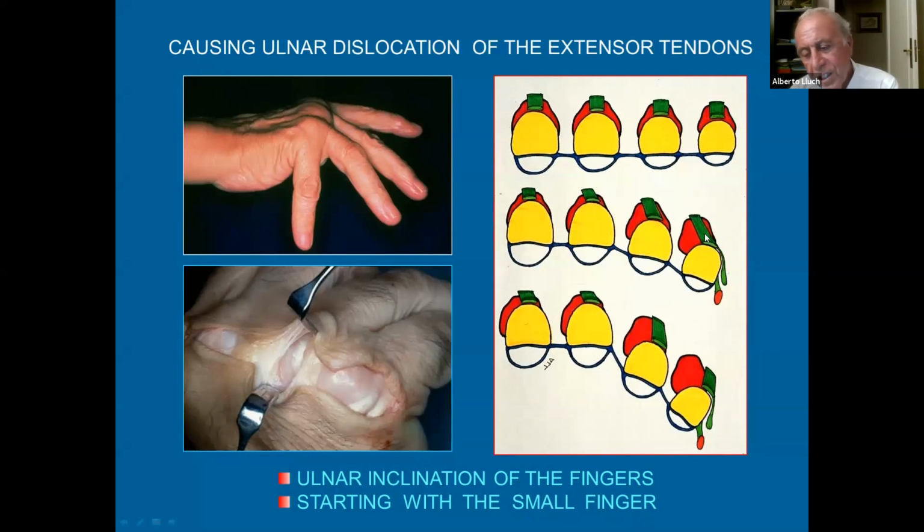Since the forces are greater towards the ulnar side, first the extensor tendon dislocates from the head of the metacarpal of the small finger, and then the ring finger, and eventually the middle finger, and more rarely the index finger.